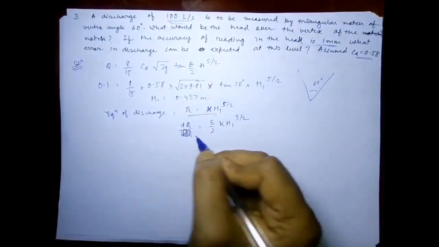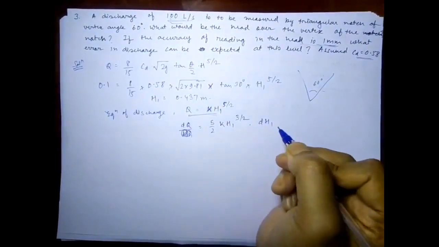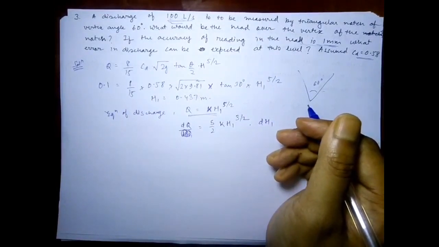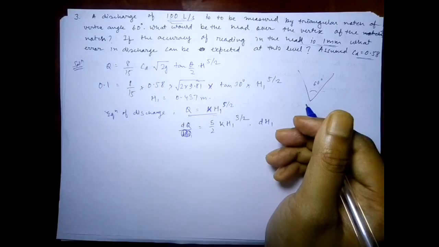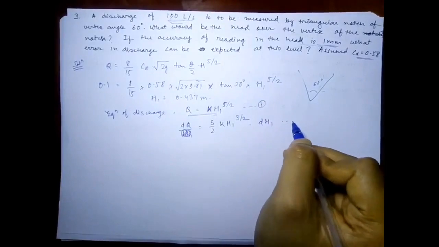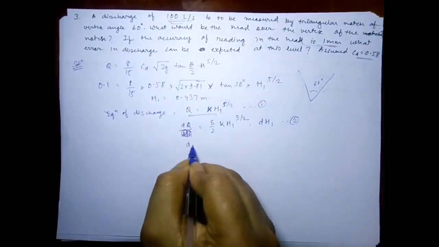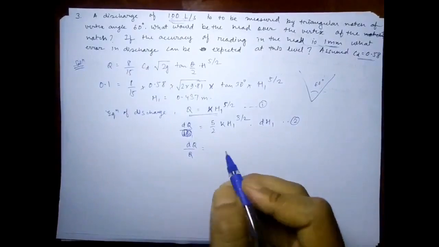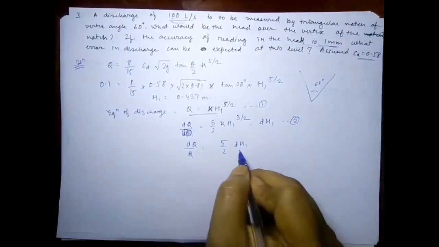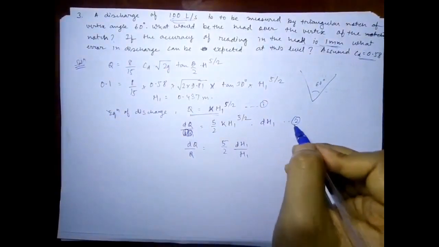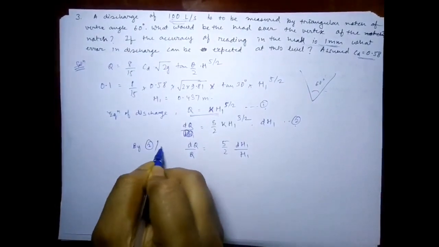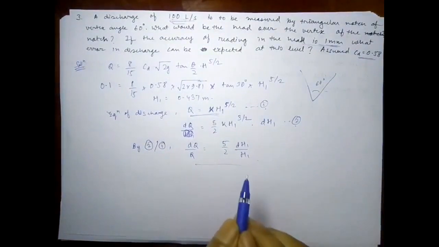Now dividing equation 2 by equation 1, we will get dQ upon Q is equal to 5 by 2 dh1 upon h1.